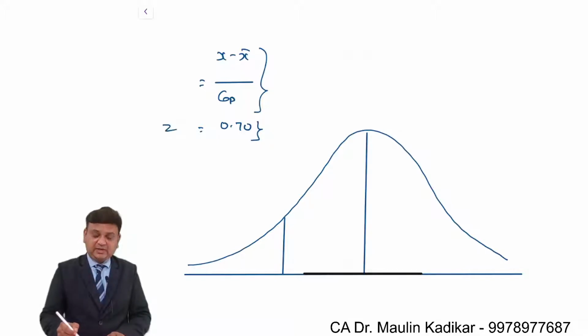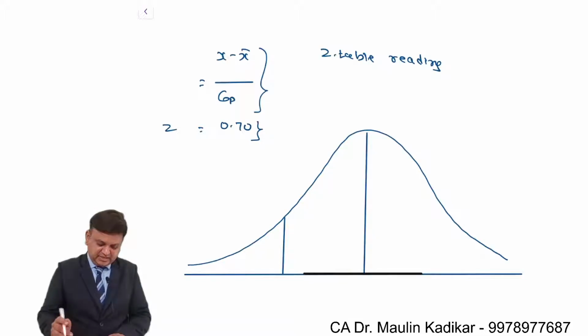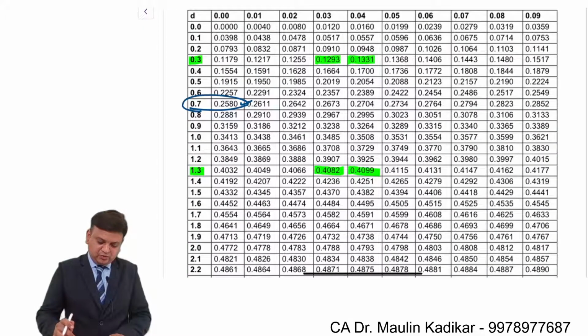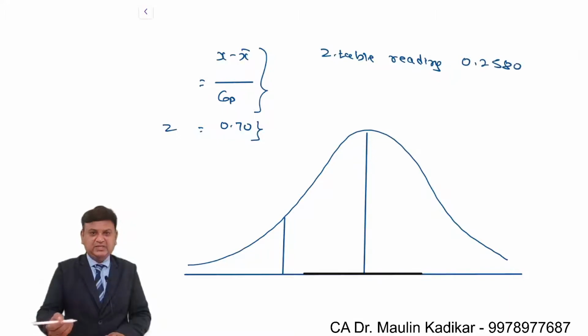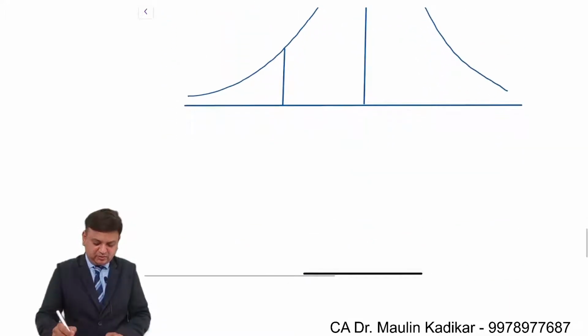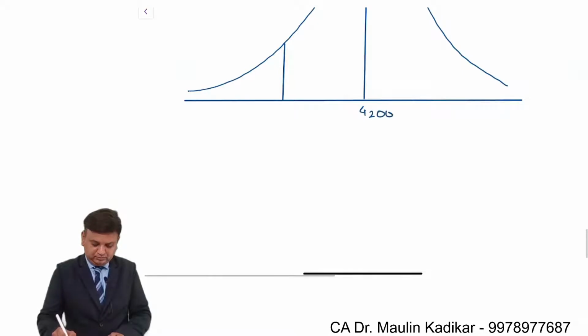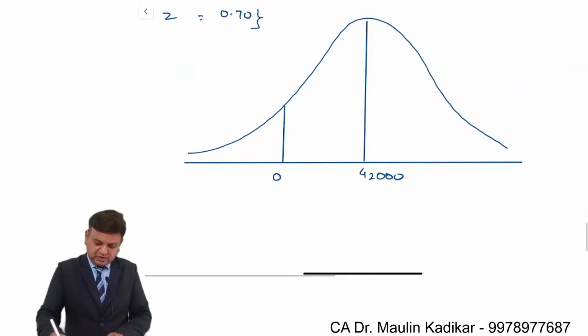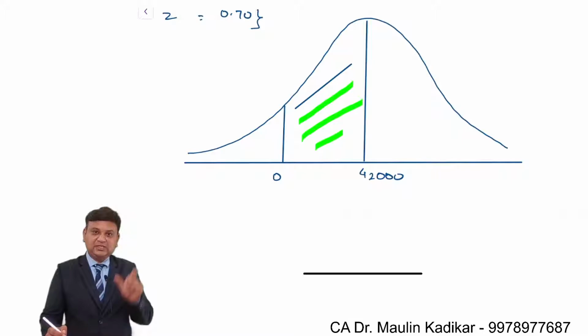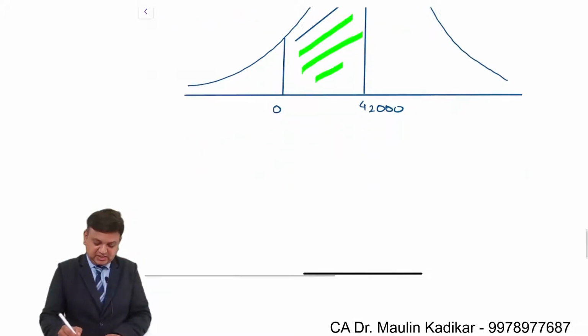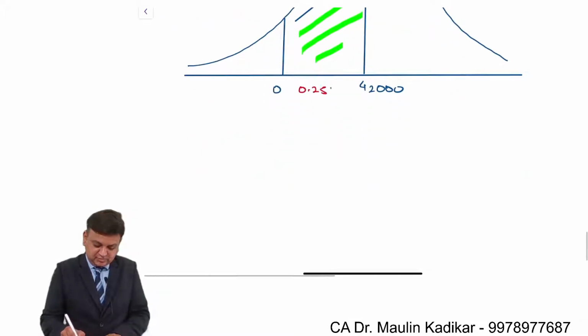This is the Z table value, and the Z table reading is 0.2580. I am taking an additional example to explain to you. This is what the x minus x bar distance is indicating, 0.2580.